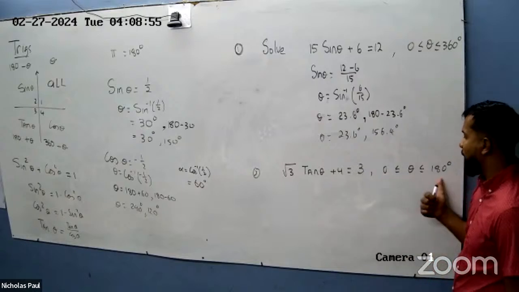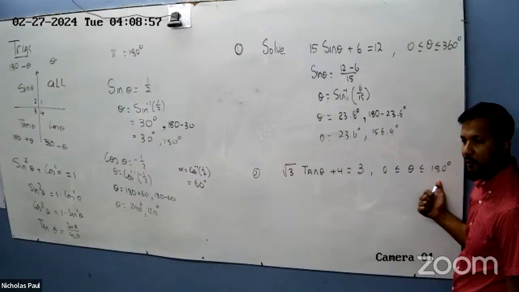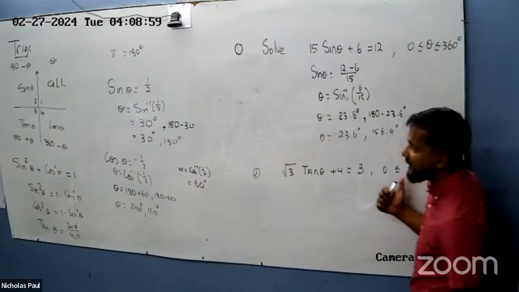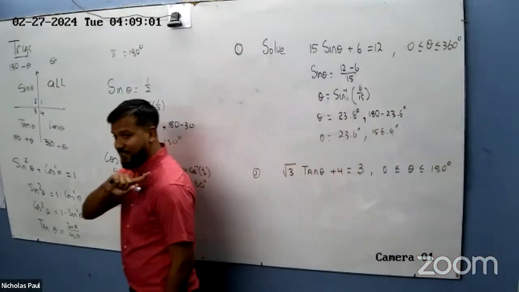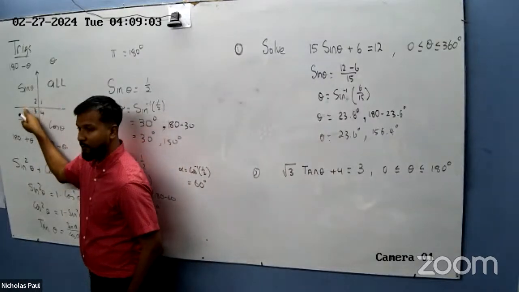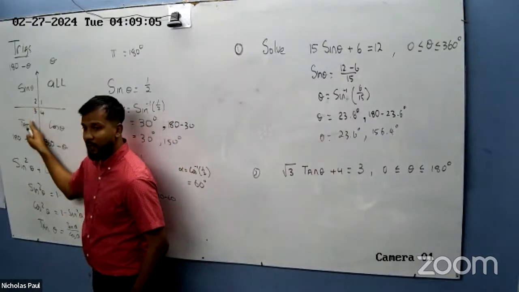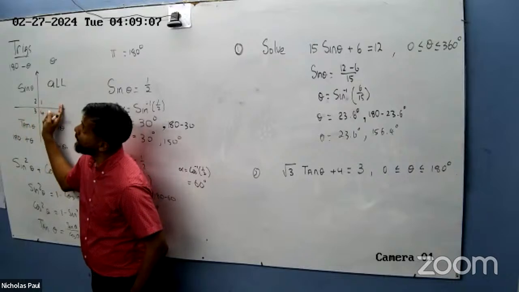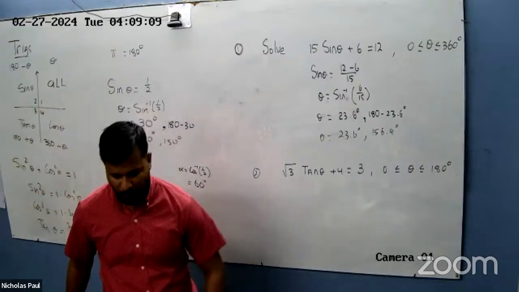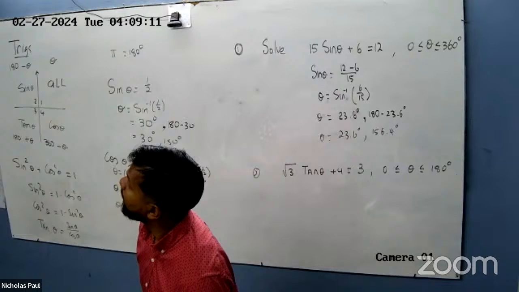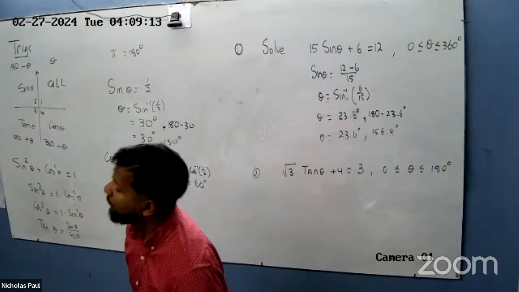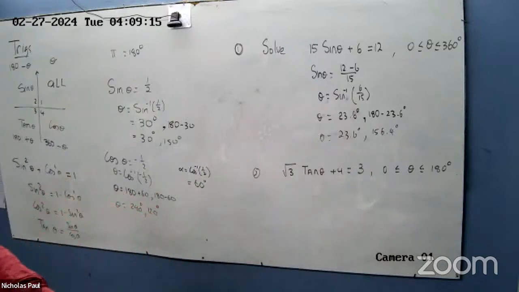Between 0 and 180. What does that mean? It means that I only want the answers that satisfy that between here and here. Not down here, right? I don't want it down here. I only want between here and here. Alright.